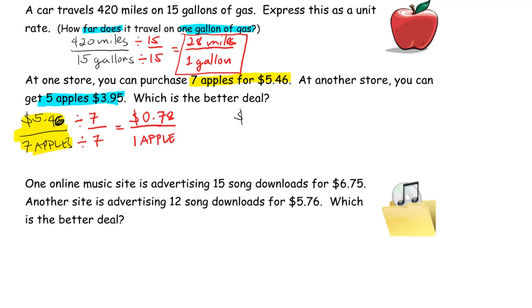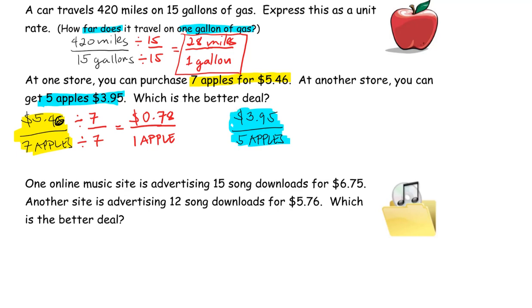So my second rate is $3.95 for 5 apples. So again, this is my second rate.